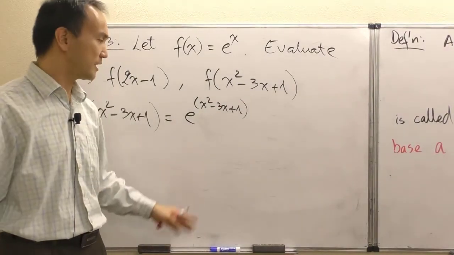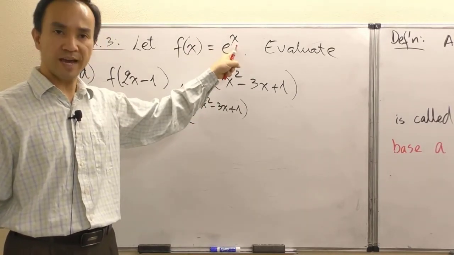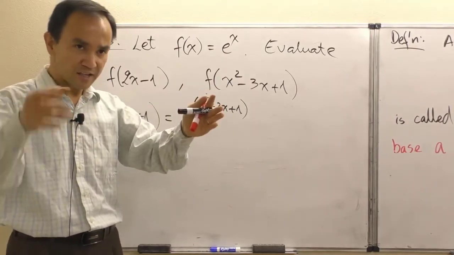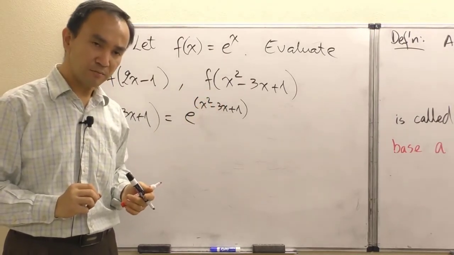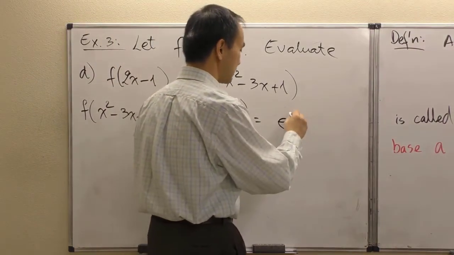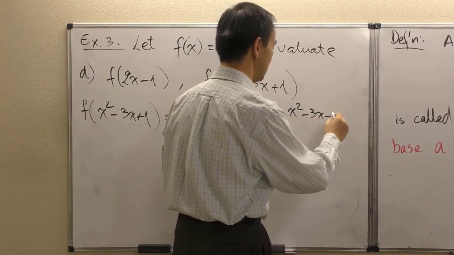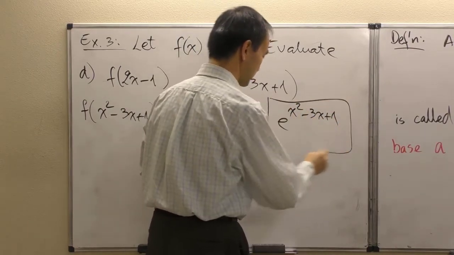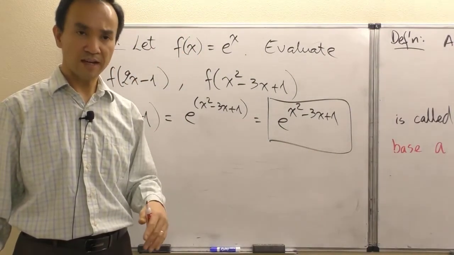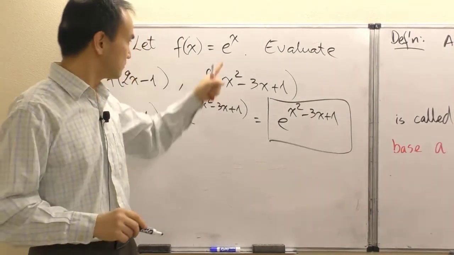We take the whole package and dump it right into the place of the x. That's why I have parentheses here. Sort of like an empty package, we put the whole x squared minus 3x plus 1 inside of that empty space. Now taking the parentheses away, e to the x squared minus 3x plus 1. That's our final answer. It's nothing big about the problem other than taking a whole package and substituting it into the variable.